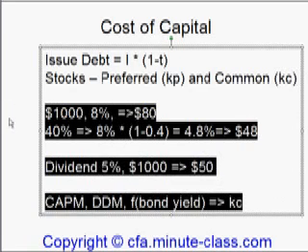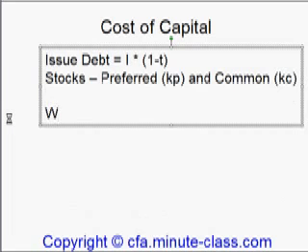So, what is the total cost of capital? The total cost of capital is actually just a weighted average cost of capital. It means that the cost of individual components will contribute to the total cost of capital according to their percentage in the capital structure.